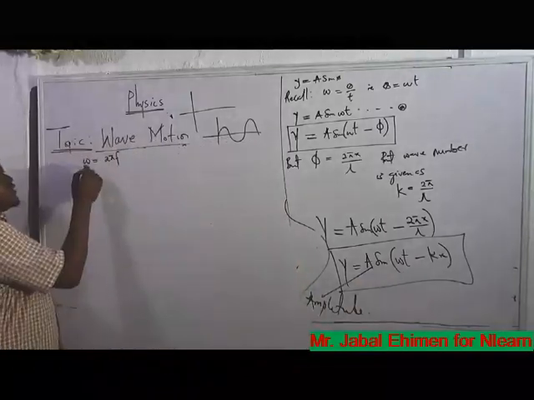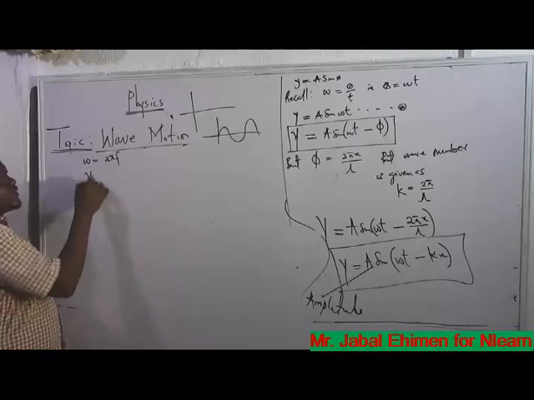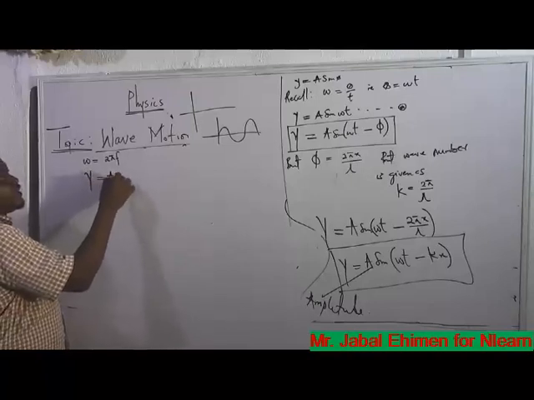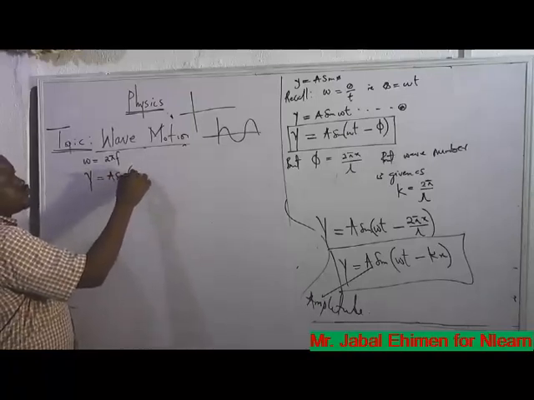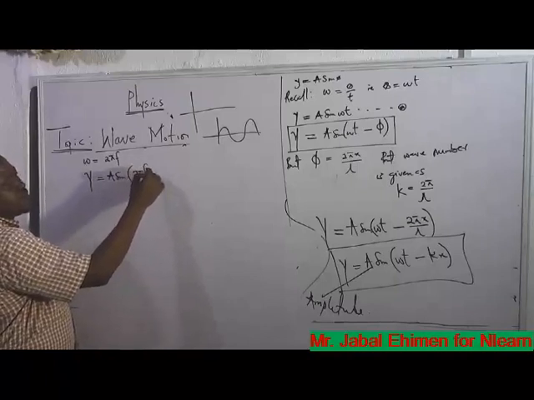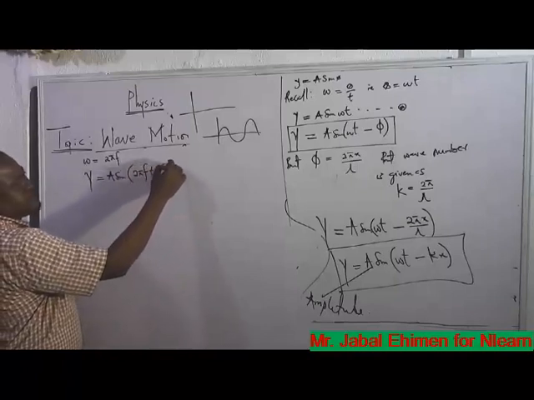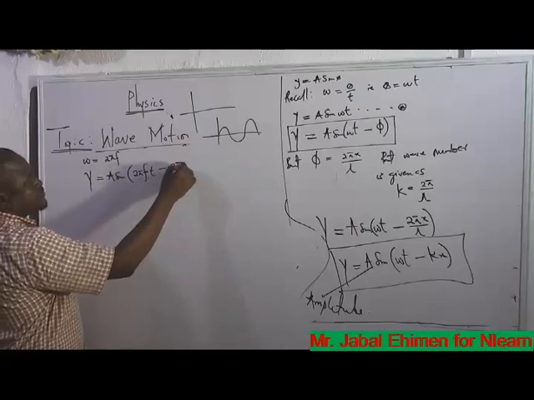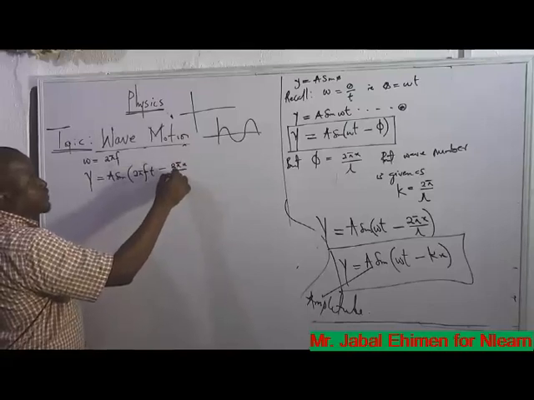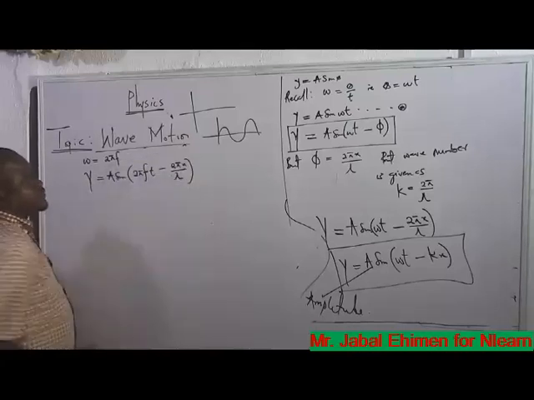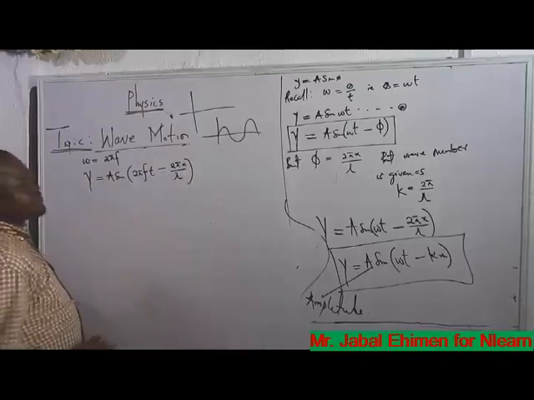I will just move down there and say y is equal to a sine 2 pi f t minus 2 pi x over lambda. So now I have something of this nature.